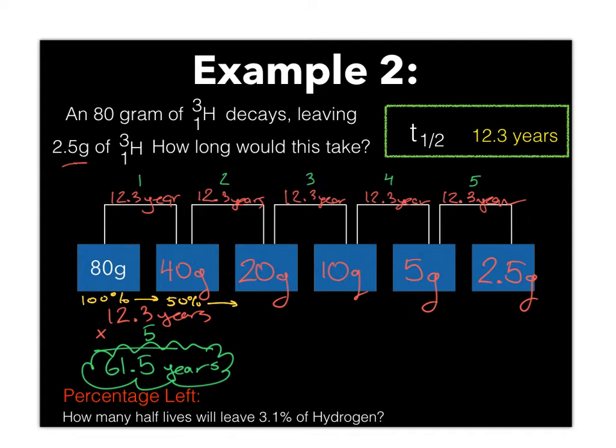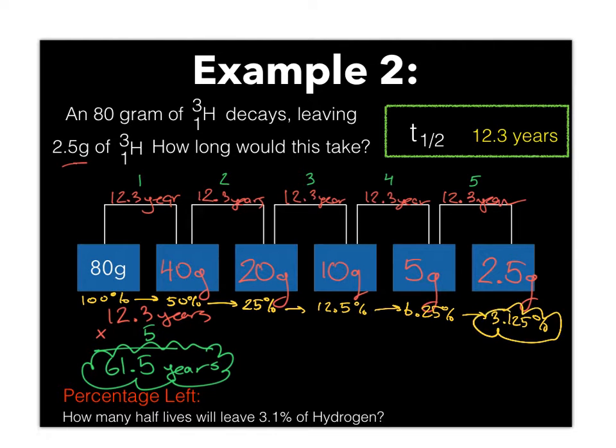From that to that, we're going to end up with 25%. We're trying to do as many half-lives as we can in order to get a final answer of 3.1%. So half of 25 is 12.5%, and then half of 12.5 is 6.25%, until we finally divide 6.25 in half and we get 3.125%, and that would be our answer.